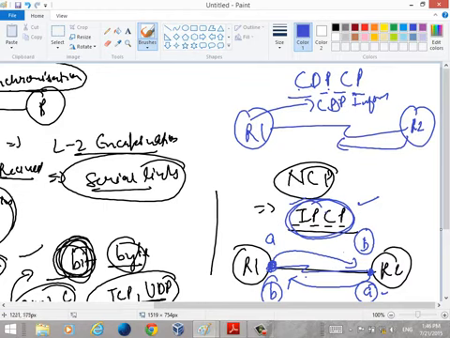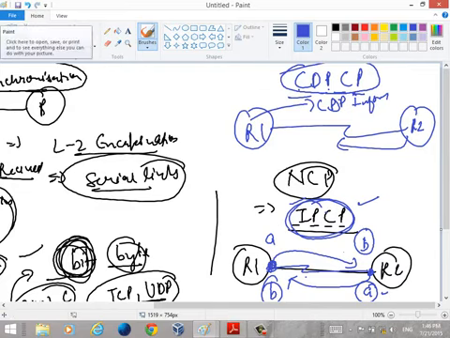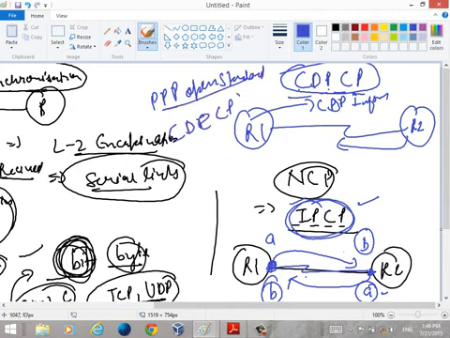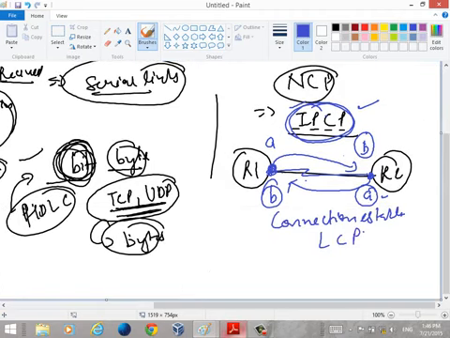They will not use normal CDP, they will use CDP-CP. This thing is clear? And why? PPP is an open standard protocol. CDP-CP is used by every other vendor.